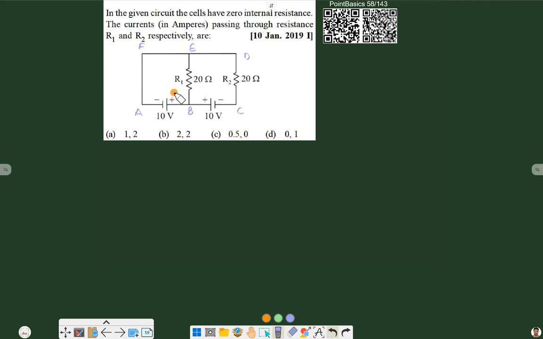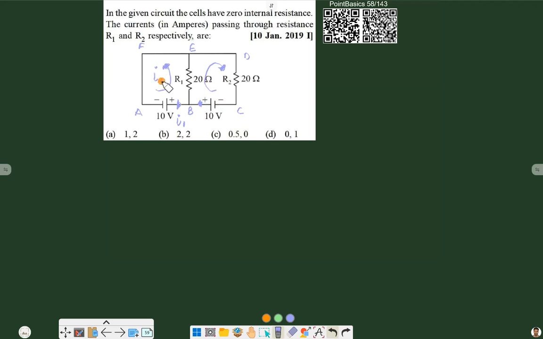Consider in the first loop, current is flowing from the positive terminal of the battery to the negative terminal, like this, and it will be anti-clockwise. The value of current is, suppose, I1. In the second loop, consider current is flowing from positive to negative, something like this.